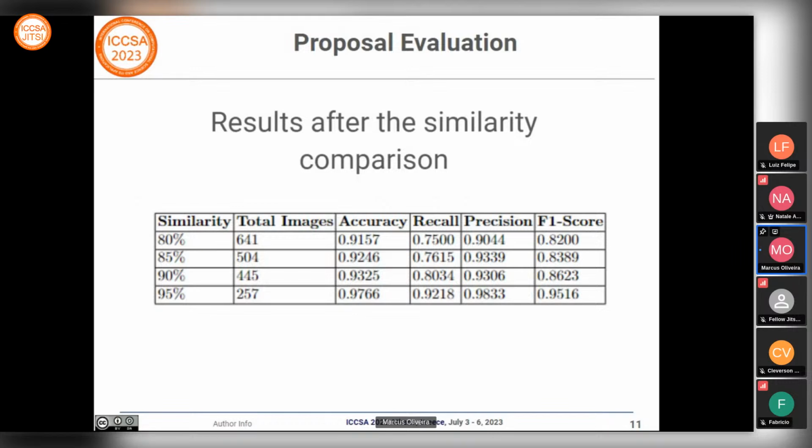The result was good, reaching 0.82 F1 score when the similarity index was set to 80%, 0.83 when set to 85%, 0.86 when set to 90%, and finally 0.95 when the similarity index was set to 95%.